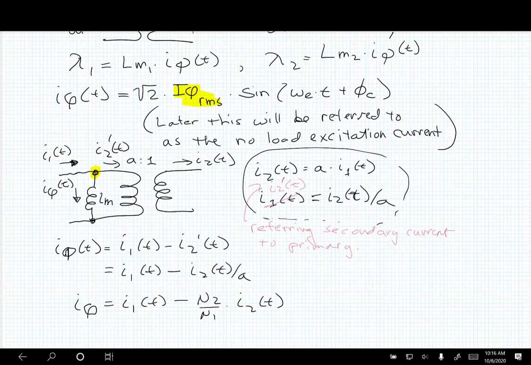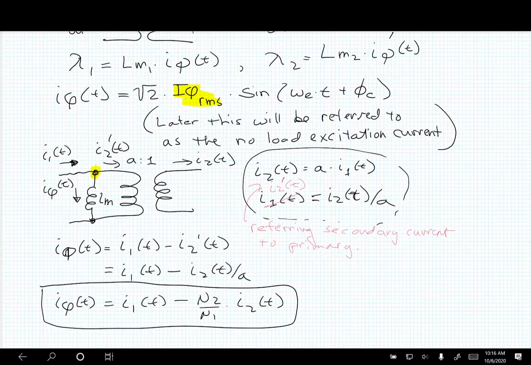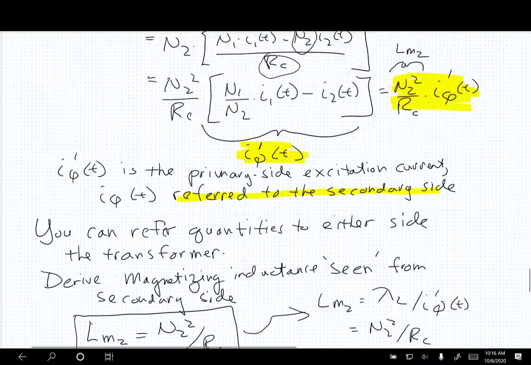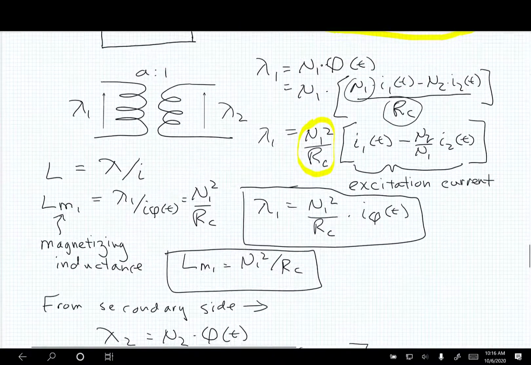So the last point I'm going to make here is, let's go back all the way to the beginning right here.